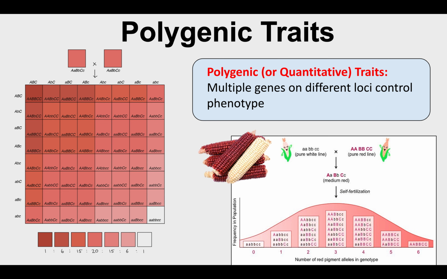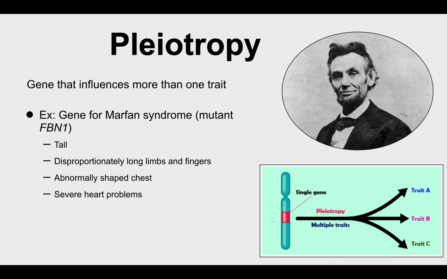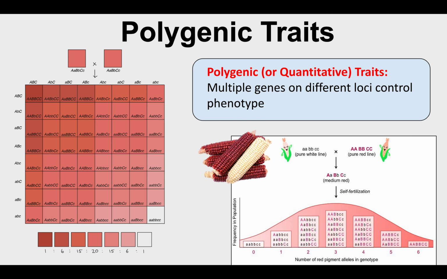So instead of a 2-factor cross, this is essentially a 3-factor cross where every different type of genotype shows up as a different phenotype, which is why we get these different hues of red depending on the genotype. It's these 3 genes all working together to create one phenotype. So it's kind of the opposite of pleiotropy, where it's one gene, multiple traits. This is multiple genes, one trait.